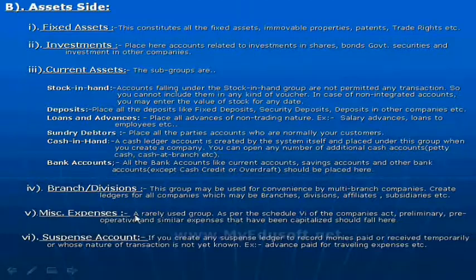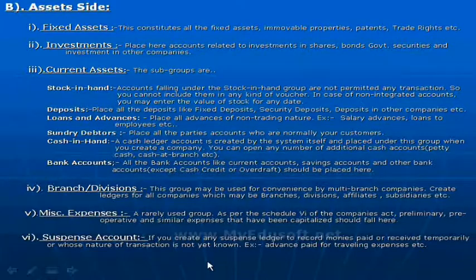In this group, we can show the items which are not shown in any other groups like preliminary expenses, etc. And next one is suspense account. This account is used to maintain suspense ledger for temporary payments and its other information.